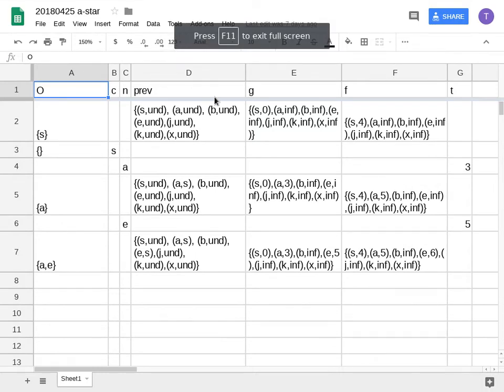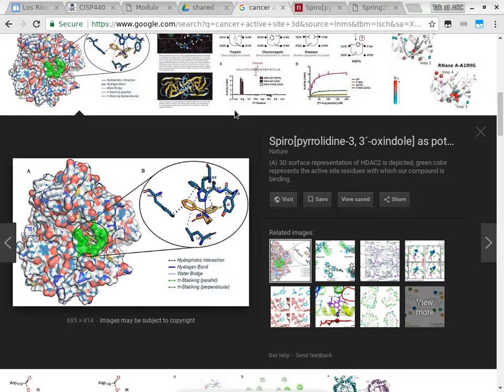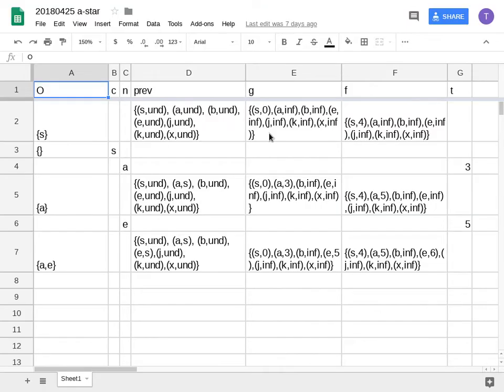So when we look into the f values and we look into g of x, what is g of x at this point? Well, column E is the function g, column F is the function f.